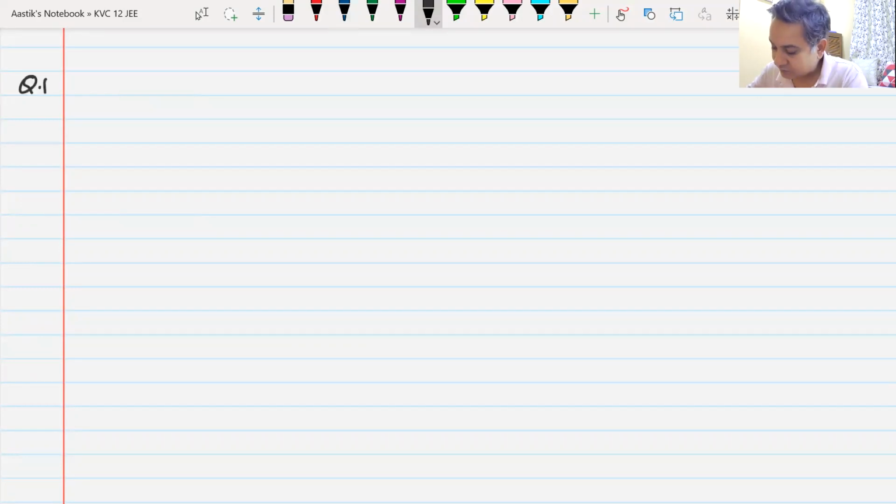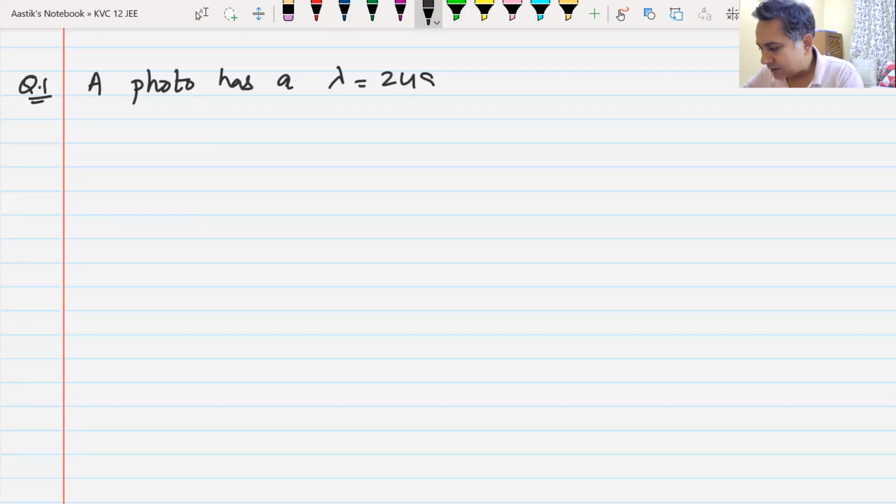Question number 1. A photon has a wavelength lambda which is 2480 Armstrong unit. Find the energy of that photon.